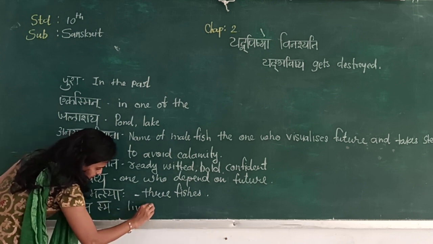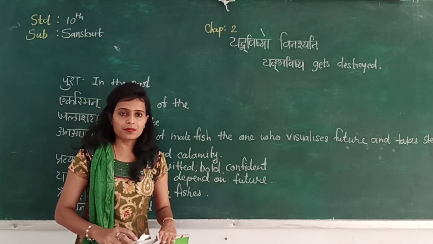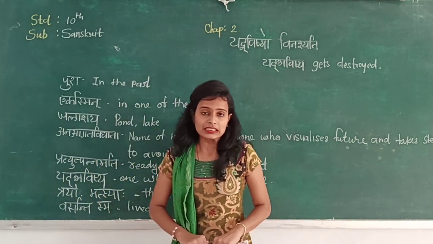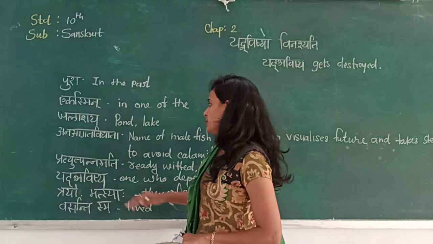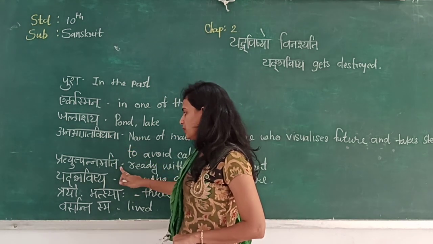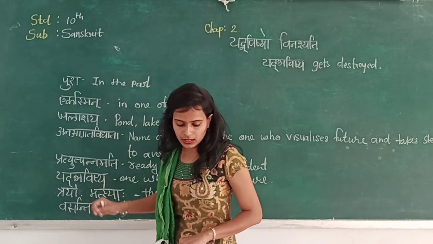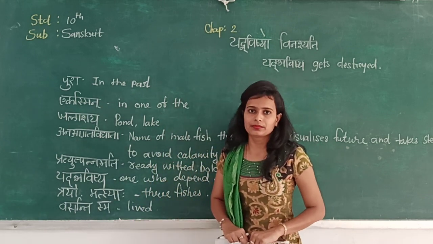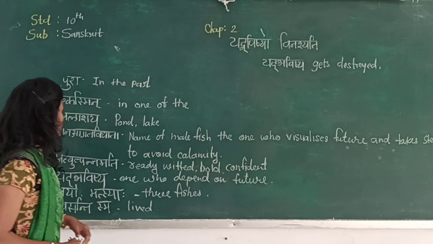Leave. Here in this particular line they want to tell us that once upon a time three male fishes by the name Anagatavidhata, Pratyutpannamati and Yadbhavishya used to live in one lake. Students, you may copy down the words.